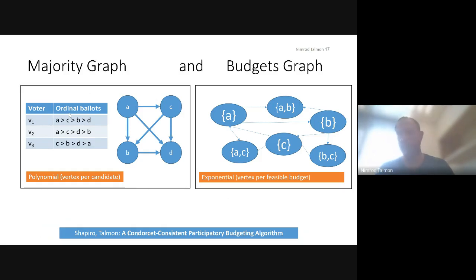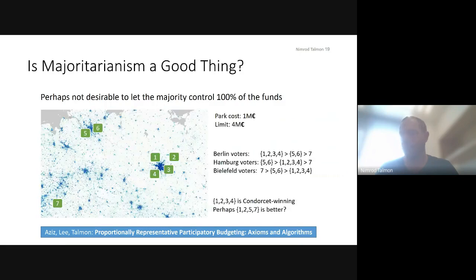But actually, after we explored this idea, we realized that maybe the idea of Condorcet does not fit well for some of the settings in which participatory budgeting is applied. And this is because Condorcet is a very majoritarian kind of idea. So let me try to explain.